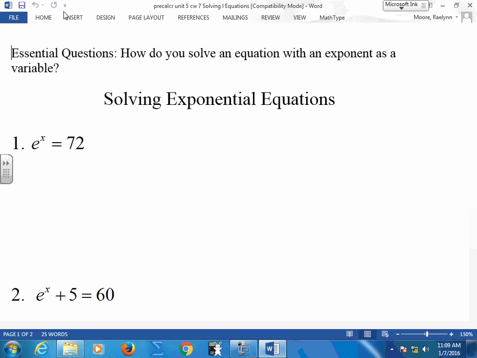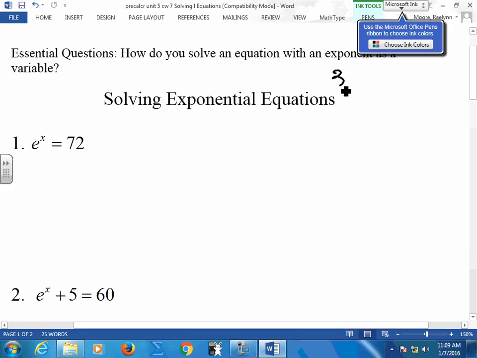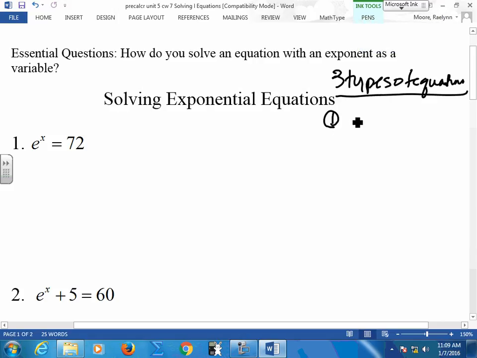Okay. All right. Now, 3 types of equations. First type, there's no log words in here. You'll see an exponential equation. We have 2 ways we can solve this.